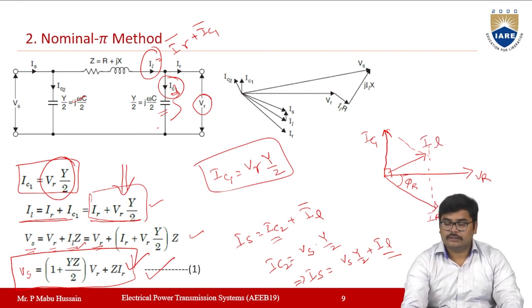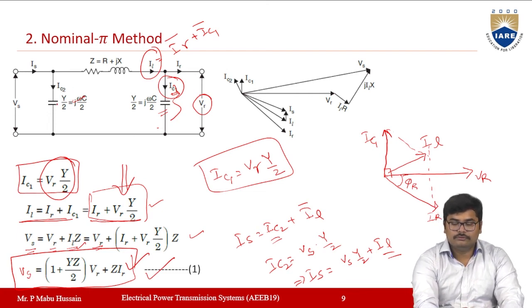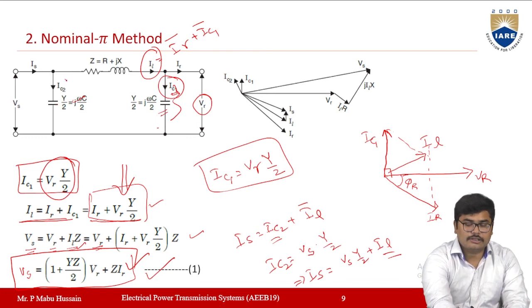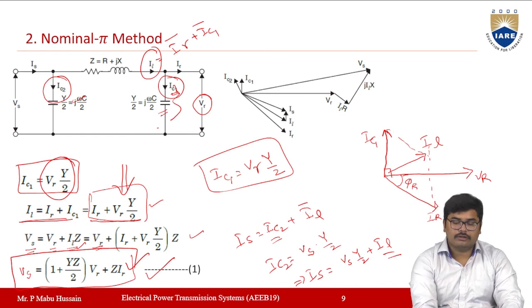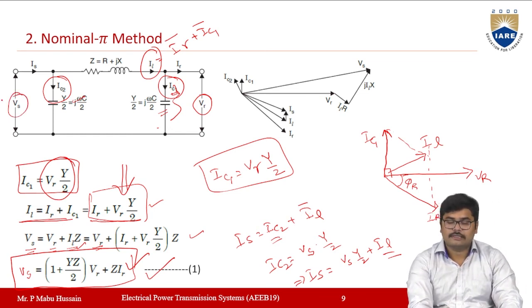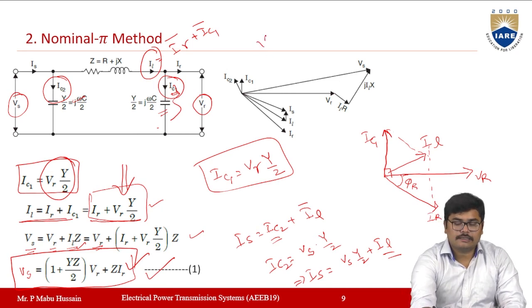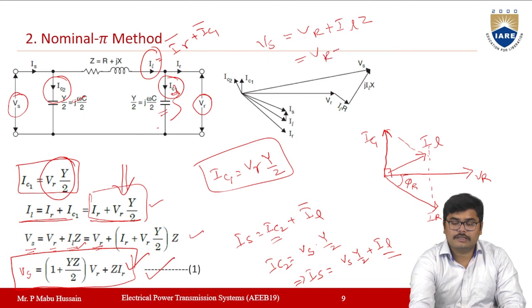Then, before drawing this IC2, let us draw the voltage Vs. Vs is equal to VR plus IL into Z, and this can even be written as VR plus IL into (R plus jX).